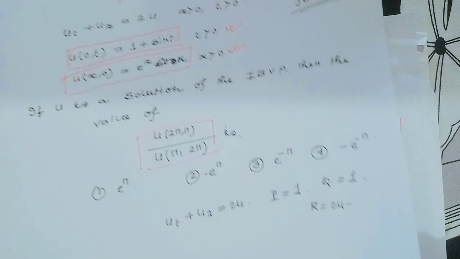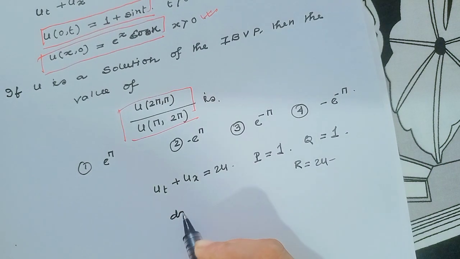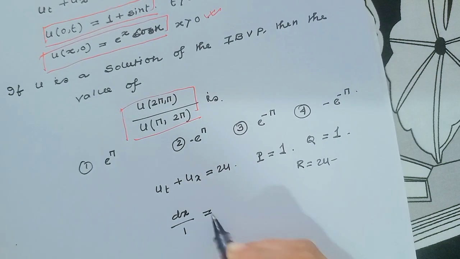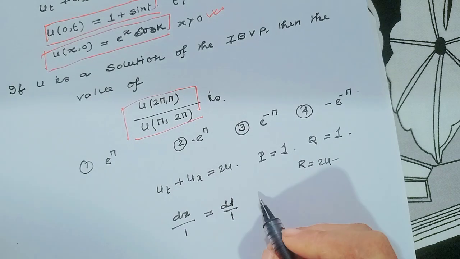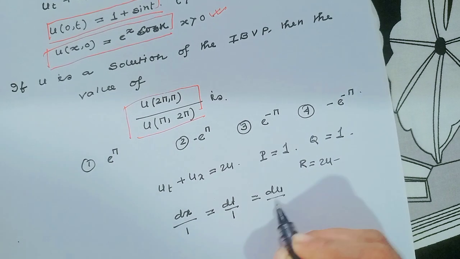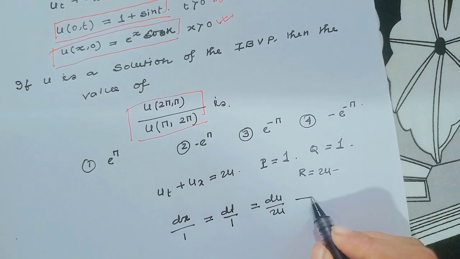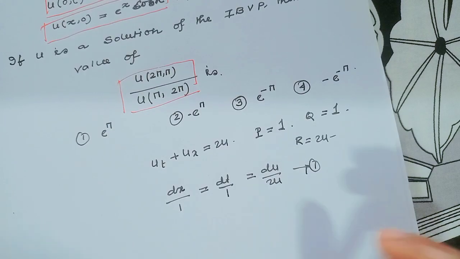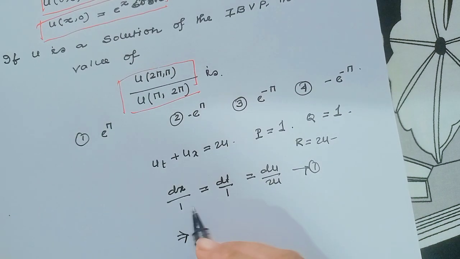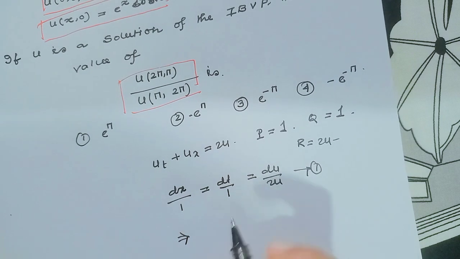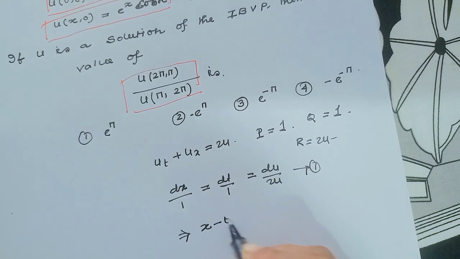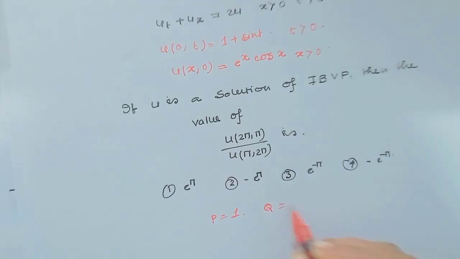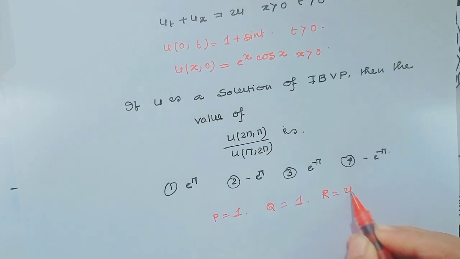Then dx by 1, dt by 1 equal to du by 2u. If we compare these two equations, then you will get x minus t equal to c1.